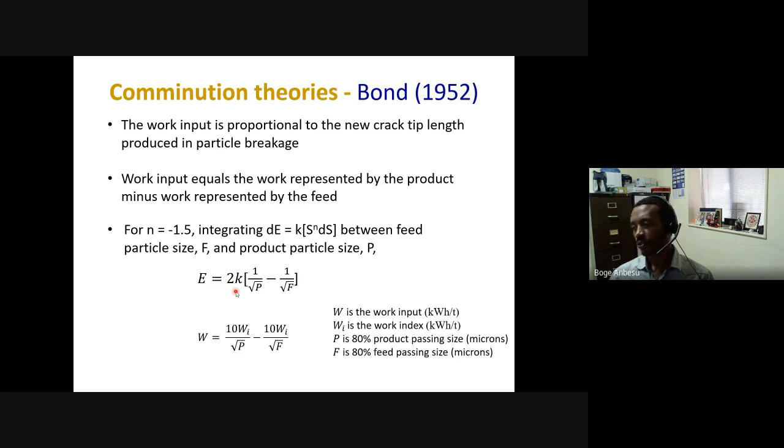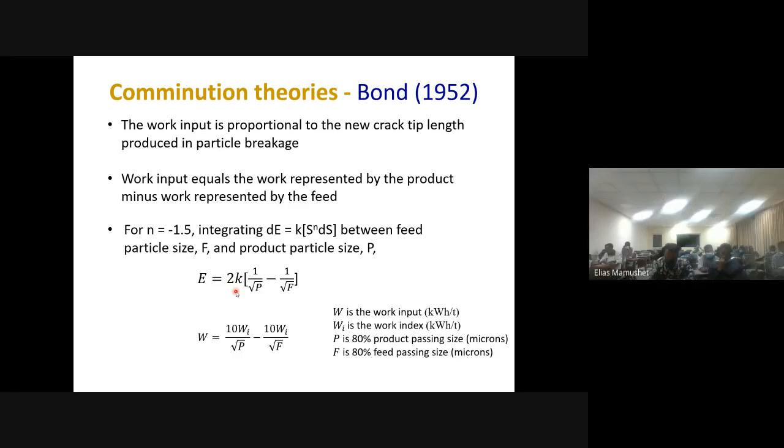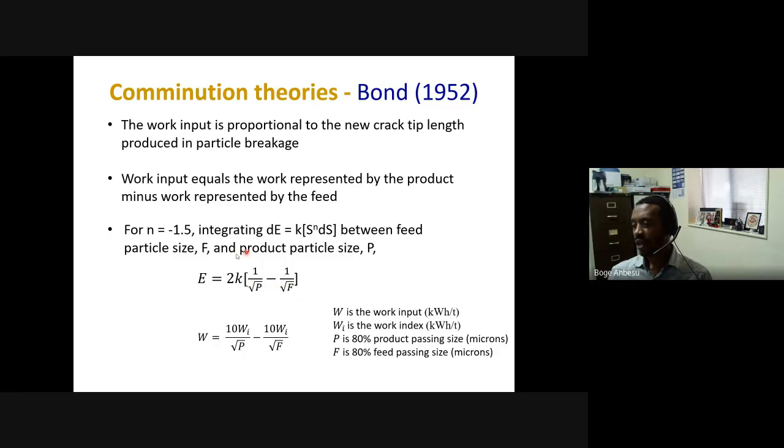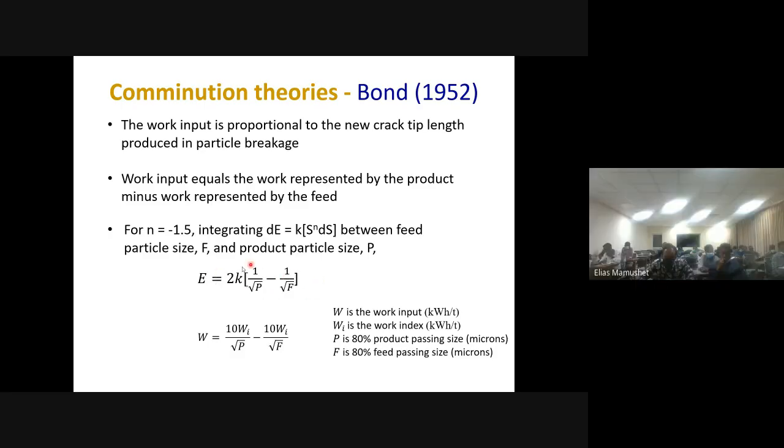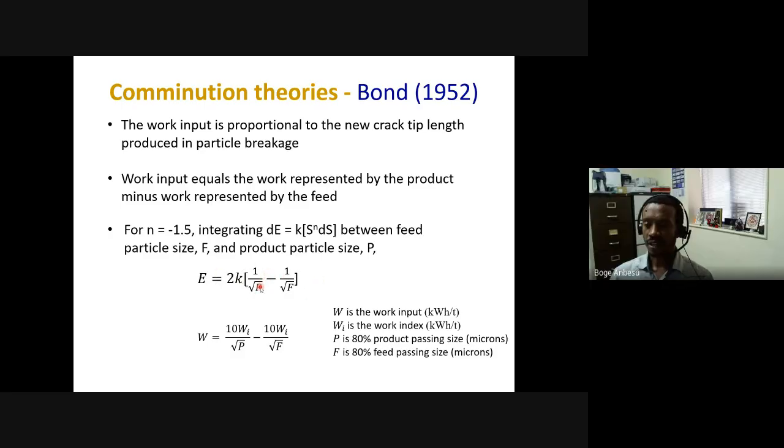Energy equals 2 times K into 1 over the square root of P minus 1 over the square root of F. This expression tells me that if I have an initial feed size F and a product size P, and that equation was integrated between those two limits, you can work out the energy consumed during that breakage mechanism to go from one size to another size.